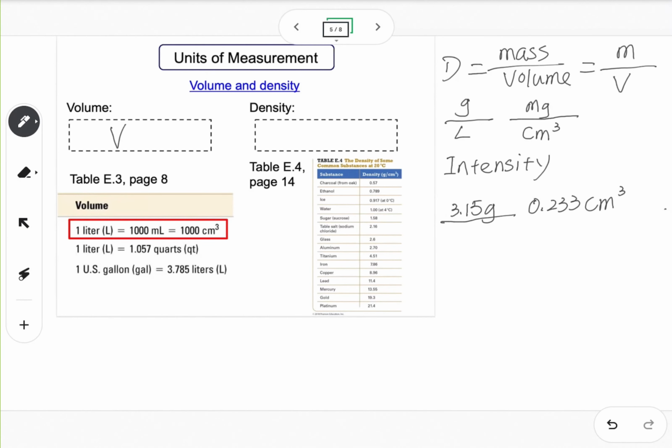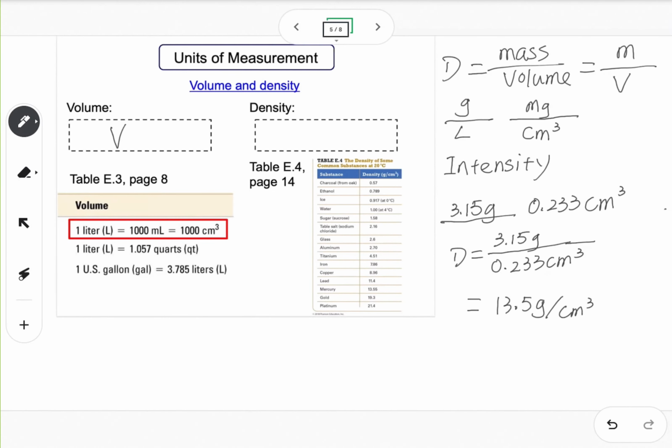If you do the calculation, density equals 3.15 gram over 0.233 cubic centimeter, and that will give you 13.5 gram per cubic centimeter.